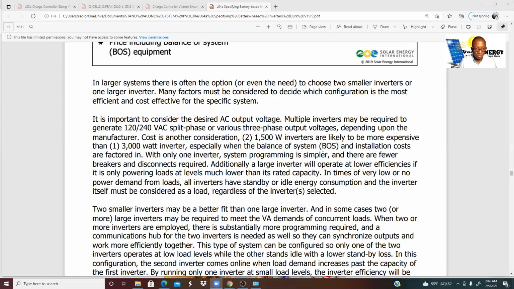So let's say, for example, the house owner is only using a smaller load, it will be running on one inverter. If they add demand for higher load, so they start adding the air conditioners and other big loads on the system, then the other inverter kicks in to give me the additional power needed to run those appliances.